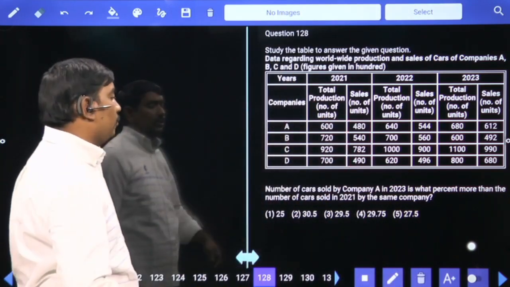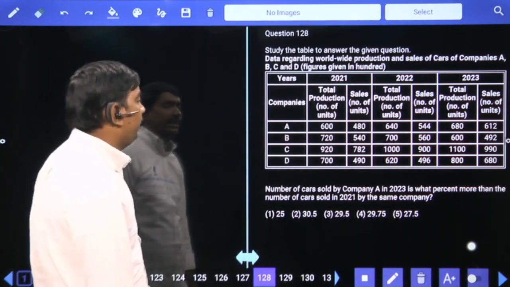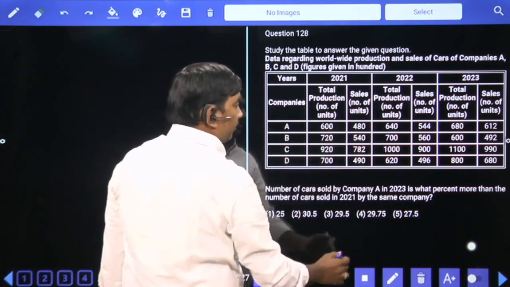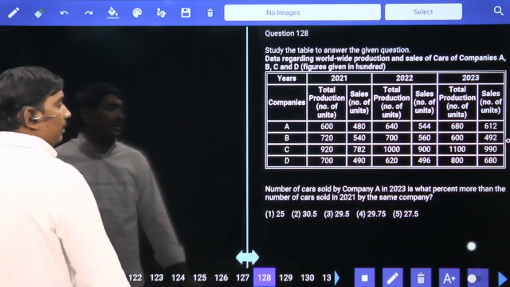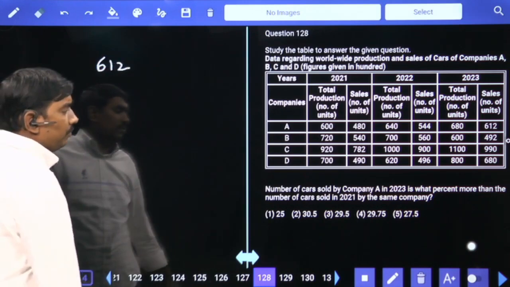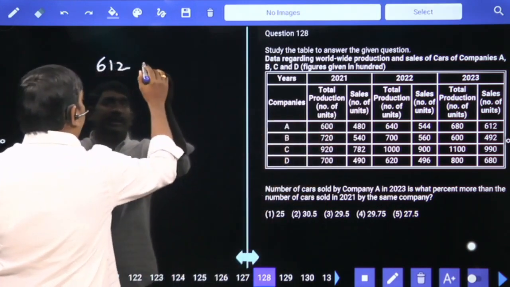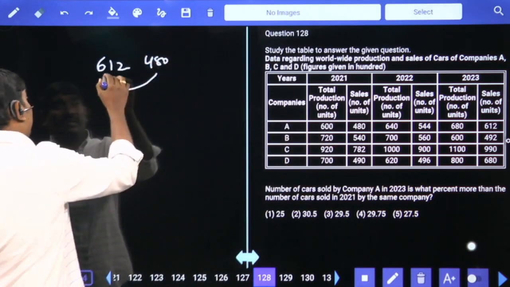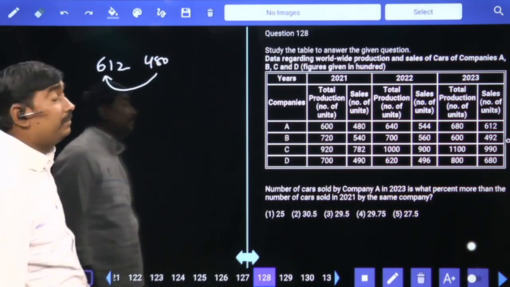Number of cars sold by company A in 2023, which is 612, is what percent more than the number of cars sold in 2021 by the same company, 480? Percentage more means difference by less value.